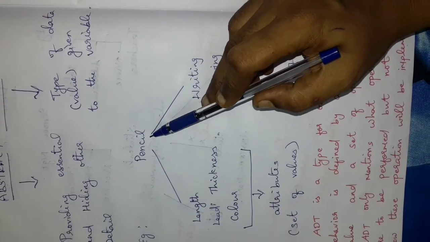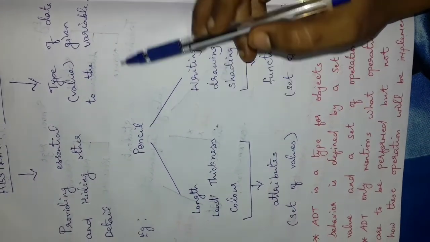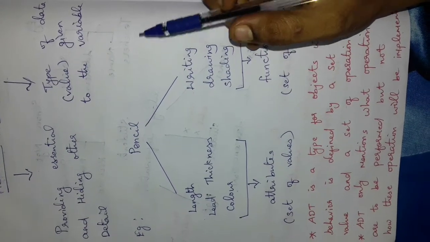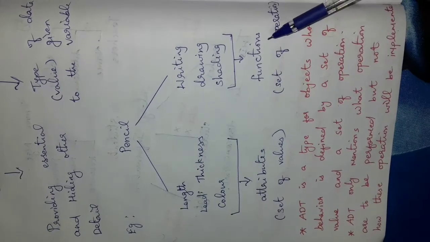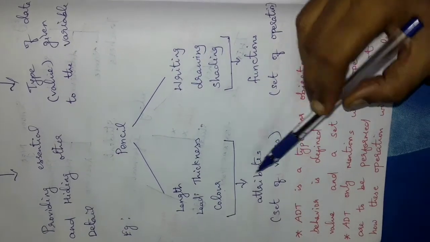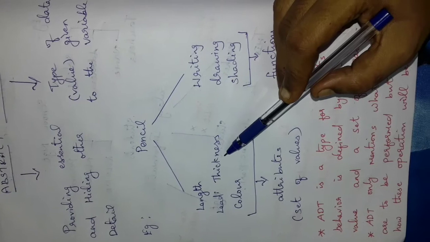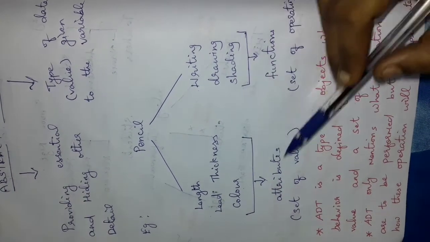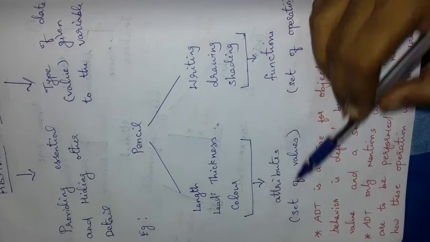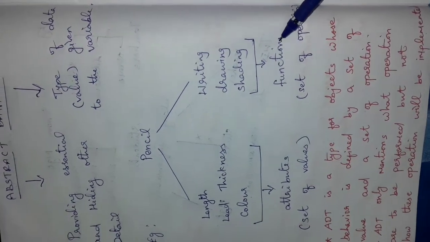Example: take the example of a pencil. Pencil is an object. Now for this pencil, what are the attributes we have? Length, lead thickness, color of a pencil. These three are the attributes, the set of values. Then functions.